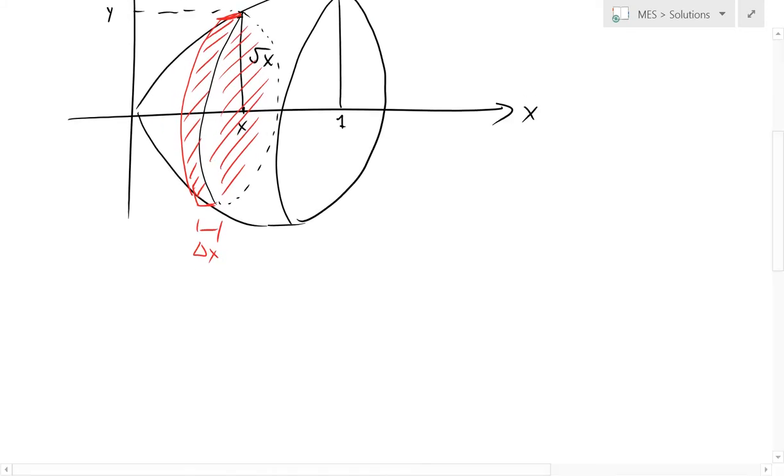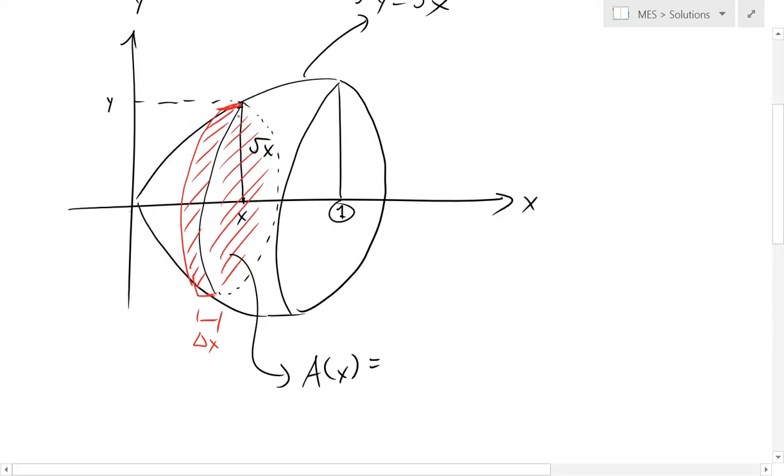We would take the integral of this volume from 0 up to 1. The area at a general cross section, A of x, is a circle, because we're rotating it around, so the area is pi r squared, and in this case r is just equal to square root of x.